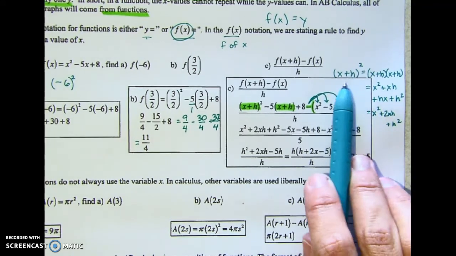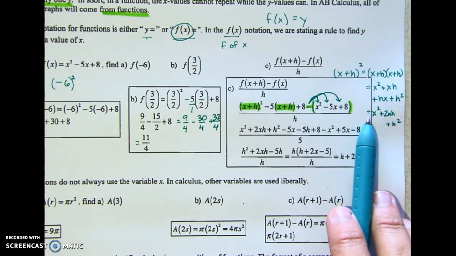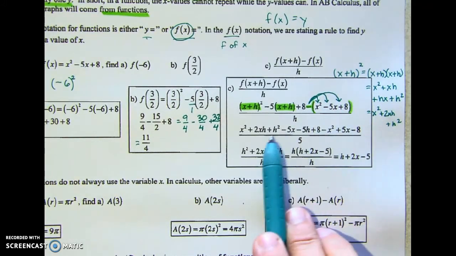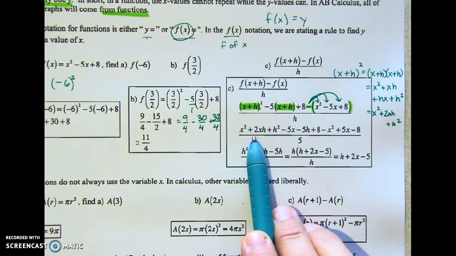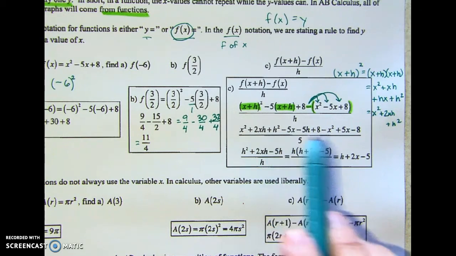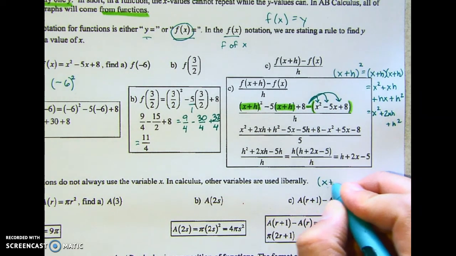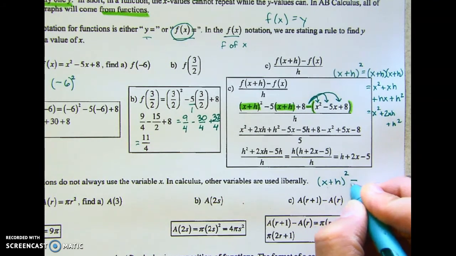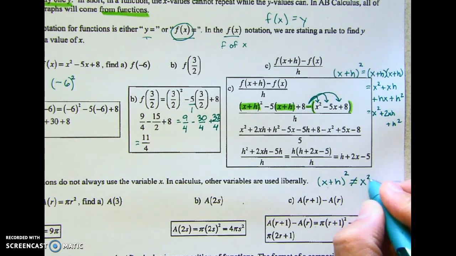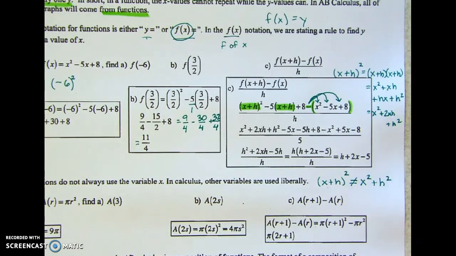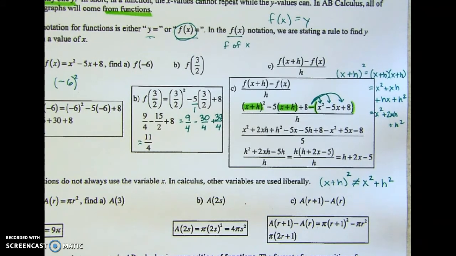When you see a binomial squared, that should be memorized, and you should just know that that will always come out as x squared plus 2xh plus h squared. And x plus h squared does not equal x squared plus h squared. Not equal.